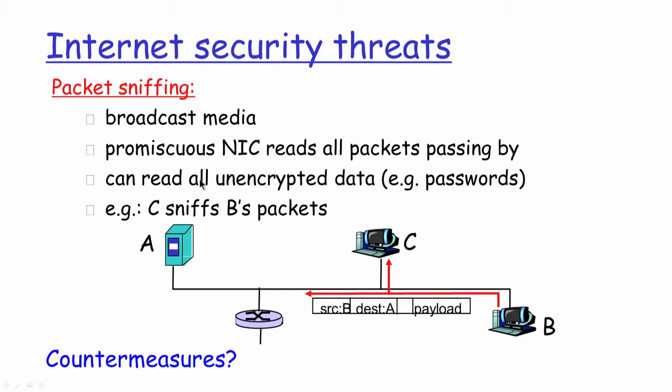And unfortunately, if the packet contains some very highly secure data like passwords, that too in an unencrypted form, then all the passwords of the users will easily become accessible to the attacker.